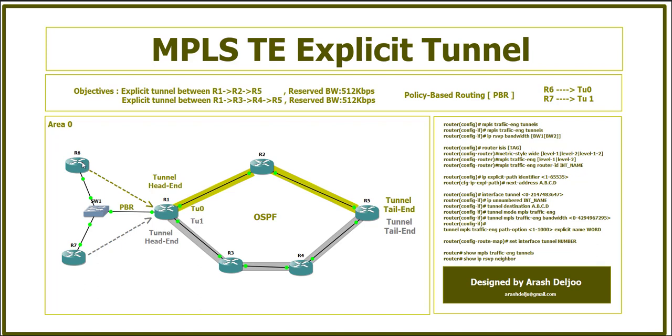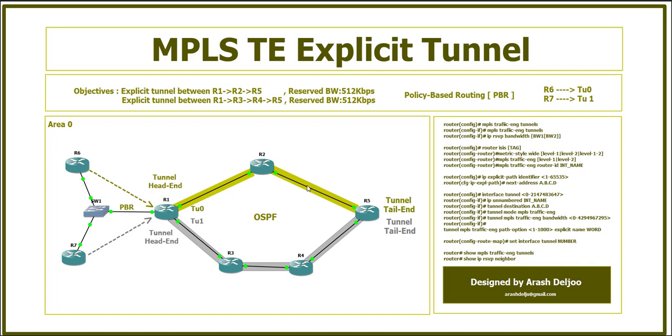If the traffic is received from R6, we can configure the policy to forward the traffic into Tunnel 0. And if the traffic is received from router 7, we can configure the PBR to forward the traffic to router 3. This means that in this kind of scenario, we can use the next method, policy-based routing, for forwarding the traffic into the tunnel interface.